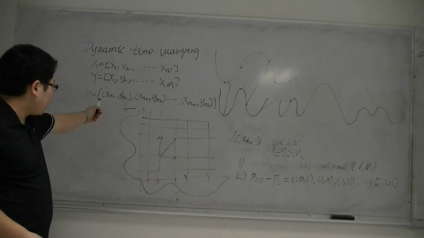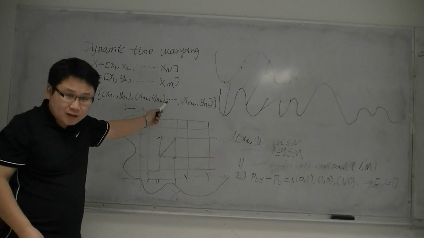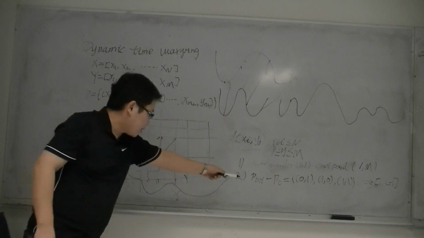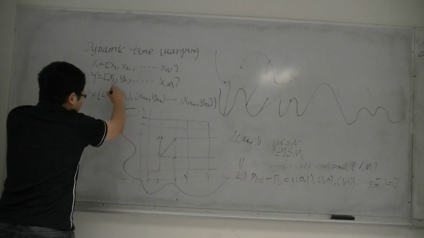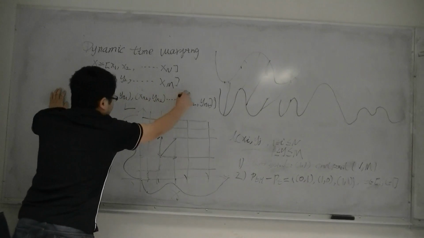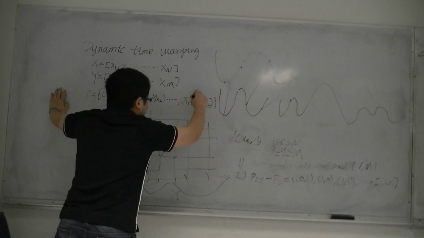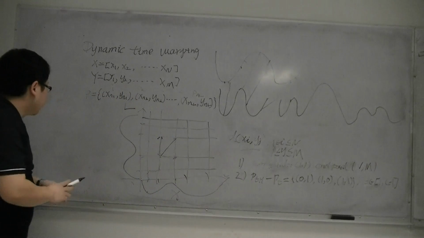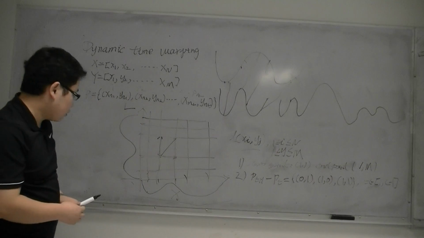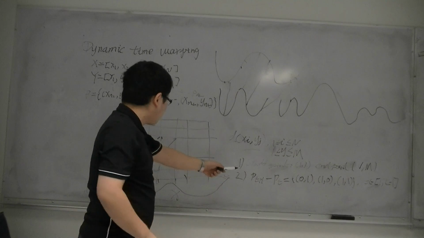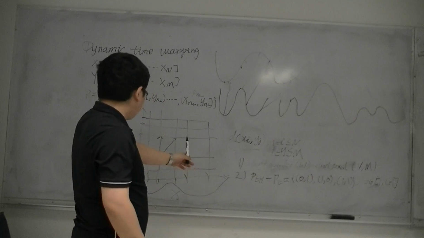P here just stands for this vector and every vector here. P1, P2, up to P L. This is the L vectors.